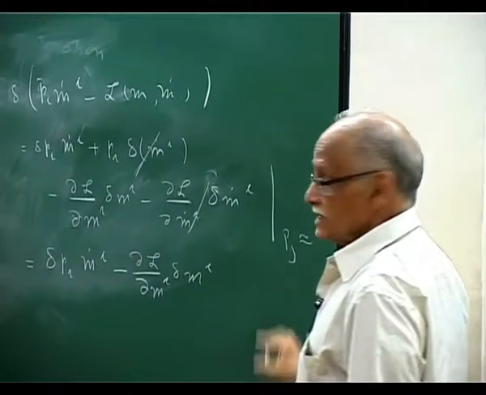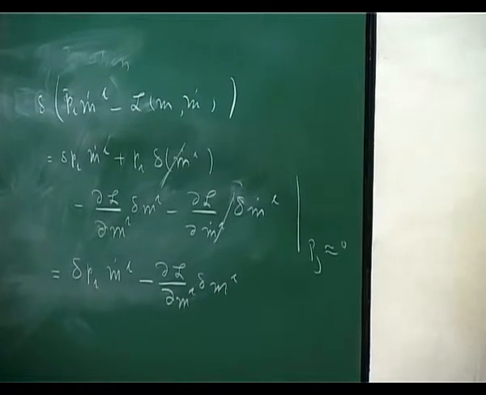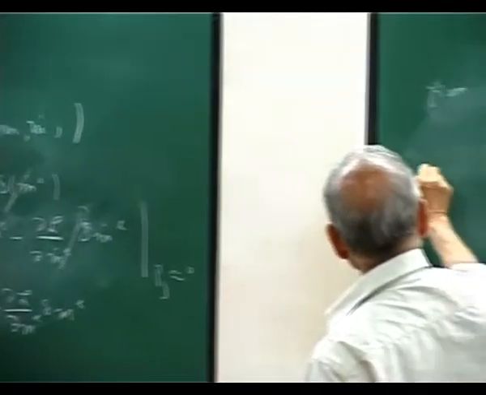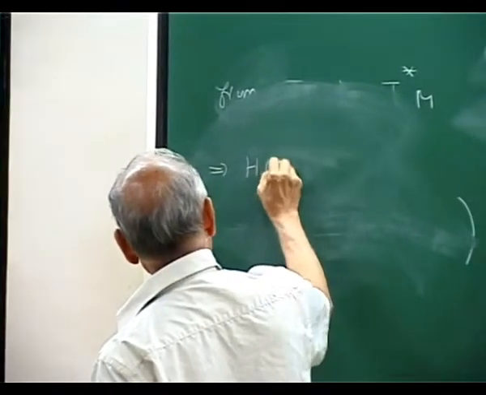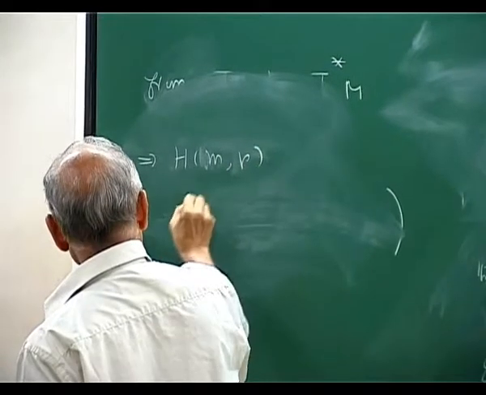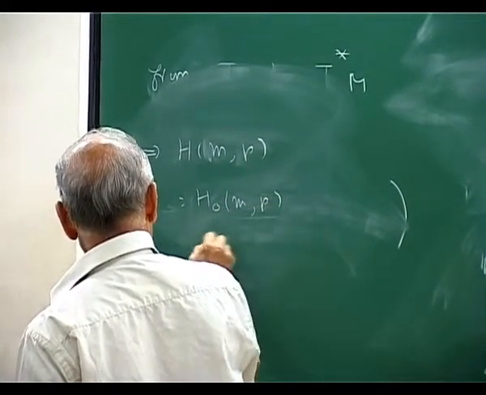So the variation of this function involves only delta p and delta m. In fact, you can check that this implies that this h of qp or mp is h0 of mp plus the Lagrange multiplier terms.